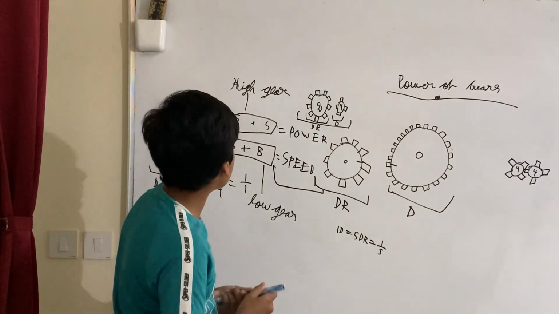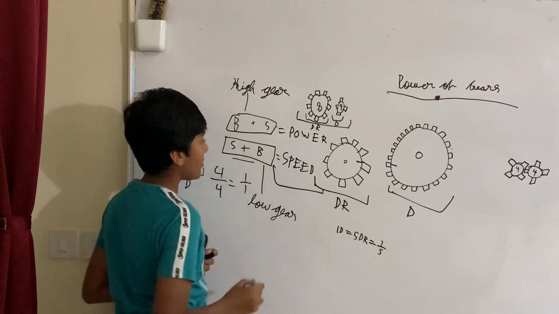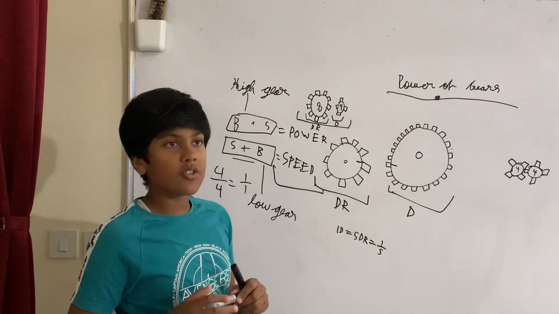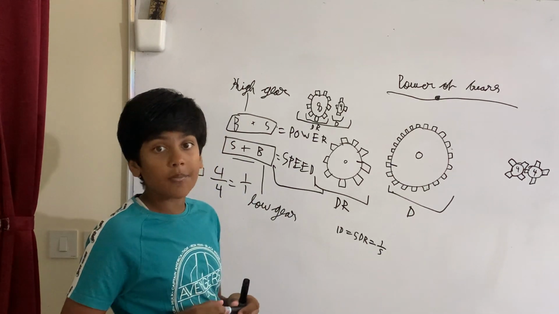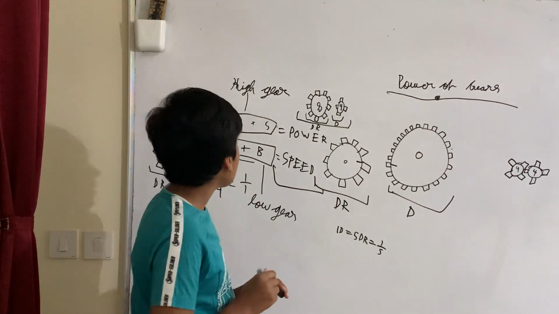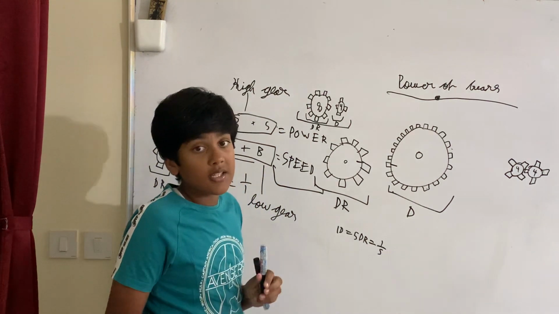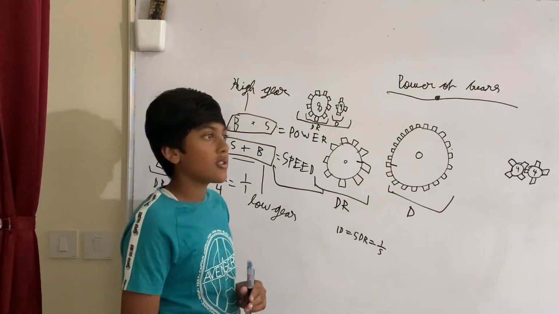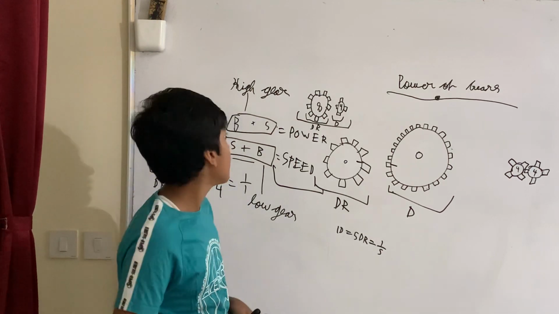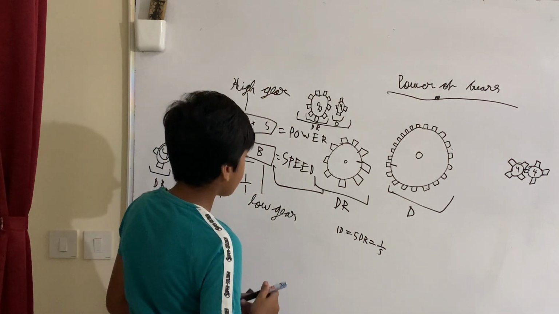If they put on S plus B here, the speed one, they would go faster, yes, but they would get tired immediately. If they used high gear, sure, you would go slower, but at least it's easier for you. So this is B plus S equals power.